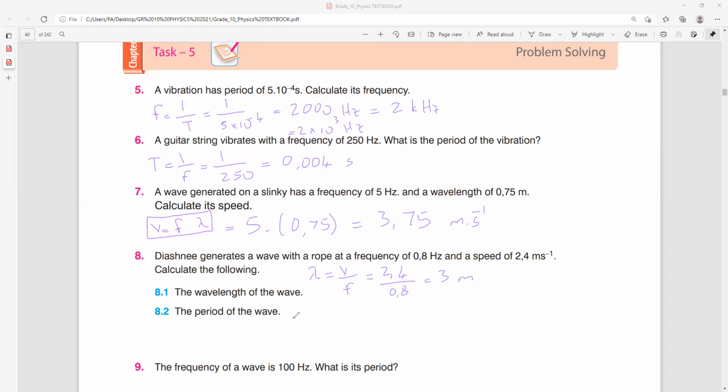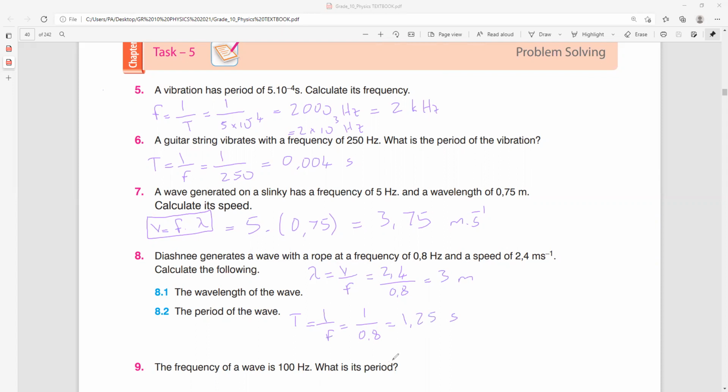When you come to period, people, period equals 1 over f, and 1 over what we have, 0.8. Answer from you: 1.25 unit, not Hz, seconds. Yeah, I was going to say unit seconds, because we are looking for period. 1.25 seconds.